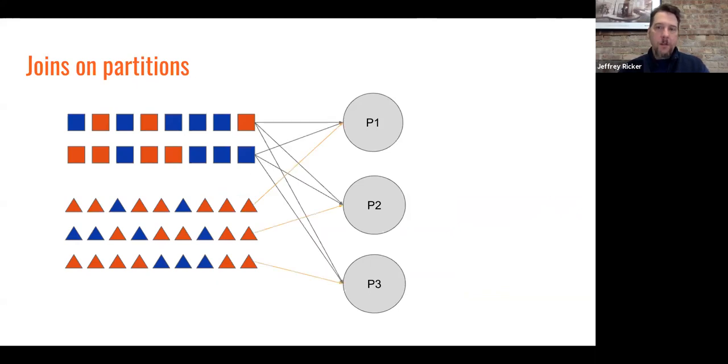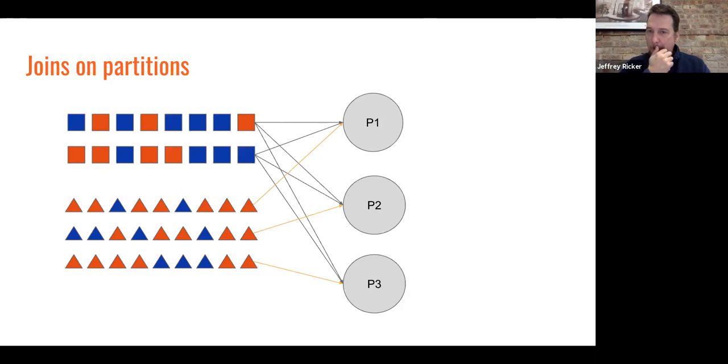So the first thing to do is you take the minor stream, the stream that has less data, and you duplicate it on every processor, right? So each processor takes each partition of the upper stream. Does that make sense?